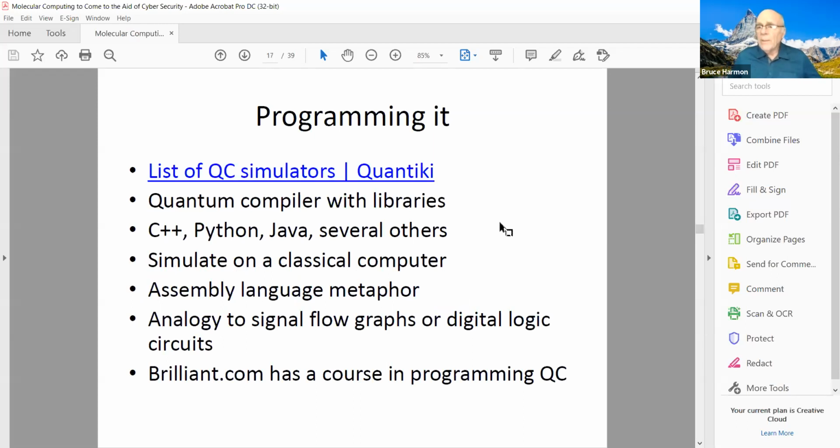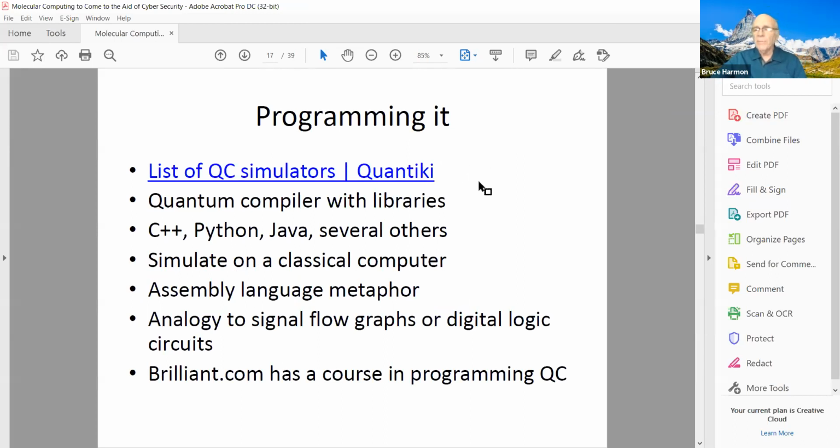So you wonder, well, okay, how do I program it? What does it mean to program it if I did? So click on this link when you get time. This will list all of the quantum computer simulators that we know to this point, or that have made themselves known, I should say.